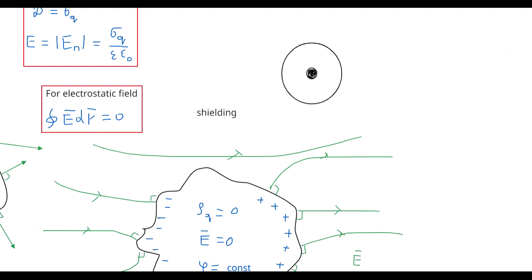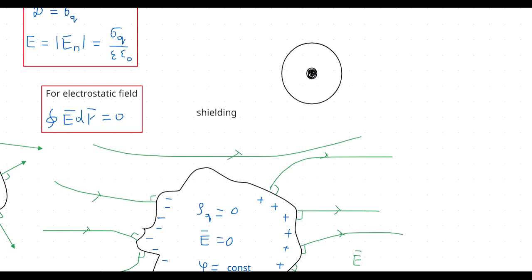And the conductive shape prevents influence of external field on our signal. So this is a coaxial cable.